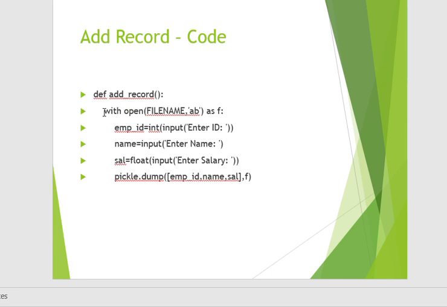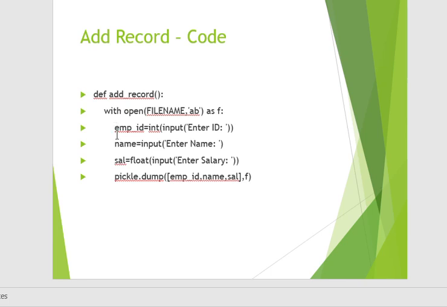We are opening the file using the with open command, with the file name employee.dat, and the file handler used here will be F. The benefit of using the with open method is that it will open the file automatically and close the file automatically. No need of using the close command to close the file. So it is better, and it is basically used more with binary files.